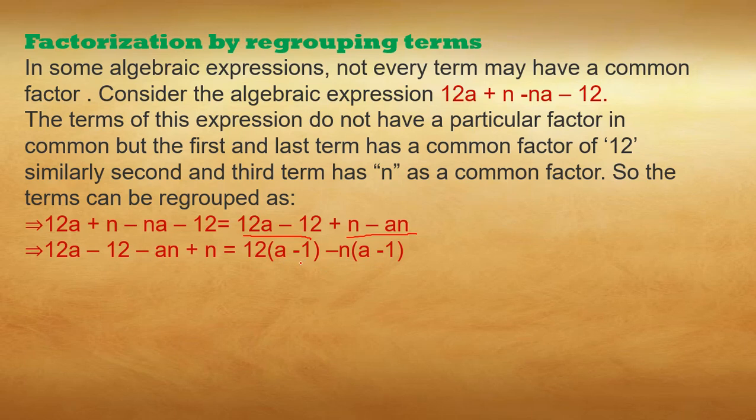So the first term is 12(a - 1), and the second term is -n(a - 1).